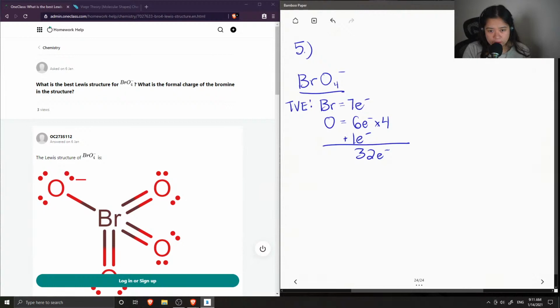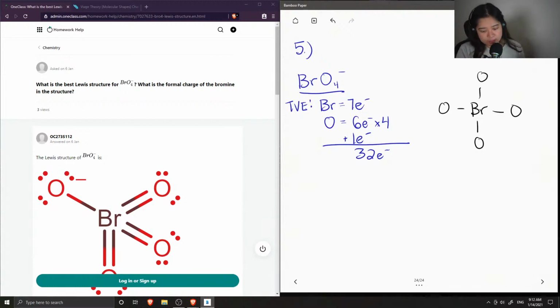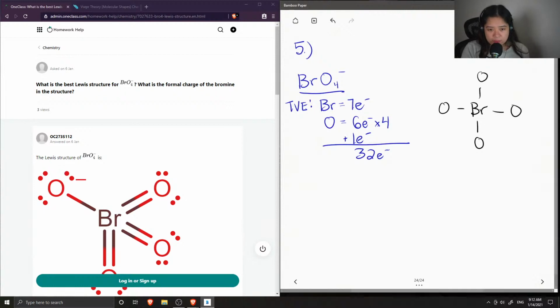So now let's draw bromine as our central atom. And then I'm just going to form single bonds to each of my oxygen atoms. So notice that none of the oxygens have a full octet yet. Let's see what happens if I drew in all of the lone pairs on oxygen.